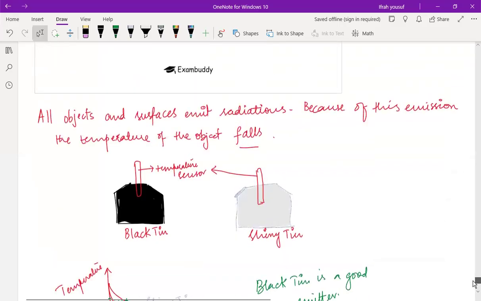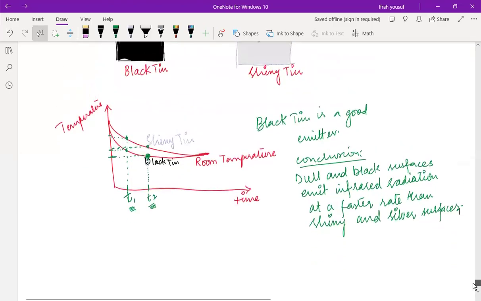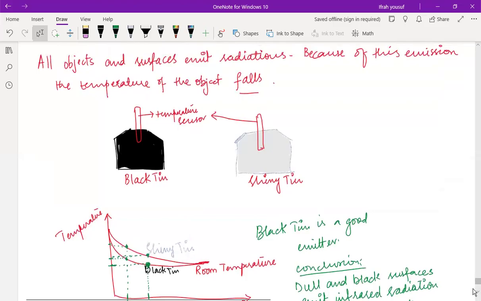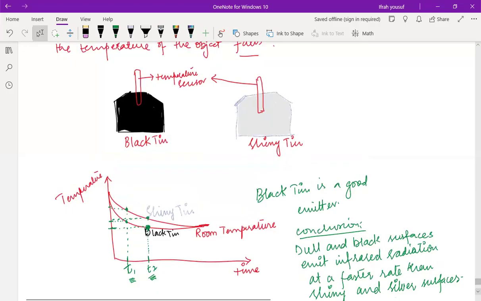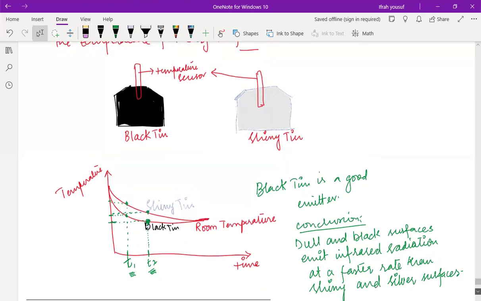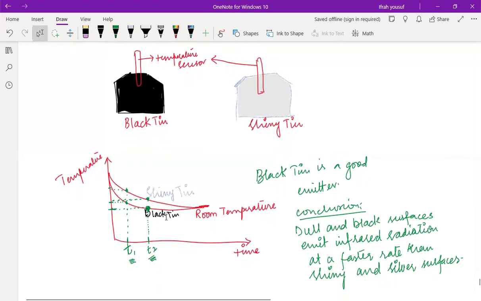Any confusion till here? तो सर वो सिर्फ ग्राफ का मुझे ये समझाएं कि लेकिन ग्राफ में आपने खुद लेबल किए हैं यहाँ पे, ये ग्राफ में हमें दिया हुआ होगा कि ब्लैक टिन नीचे वाला है और शाइनी टिन ऊपर वाला है. नहीं, ये अगर नहीं भी दिया जाएगा तो then we can easily tell. अगर हमें ये नॉलेज है ना कि the black surfaces are the good emitters, then on the basis of this information we can decide that the curve which is drawn below is going to be a black tin. Okay, either of the information should be given. ठीक है, maybe they can give us the black tin and shiny tin, and then they can ask us what are you observing, ठीक है?